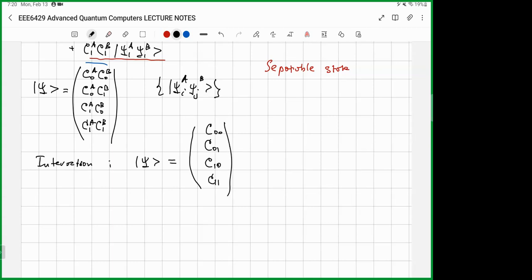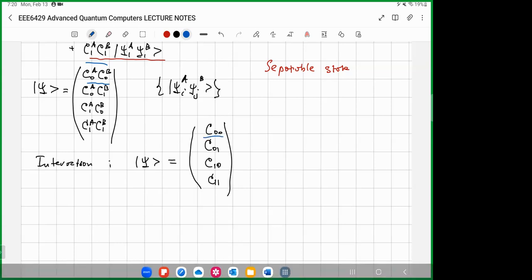As you can see, the difference is that here I write these coefficients as a product of two and keep track of which system each component corresponds to.